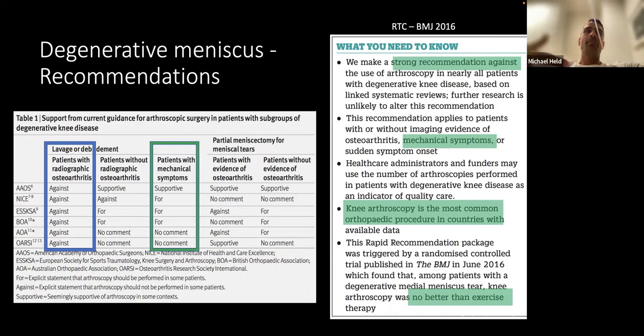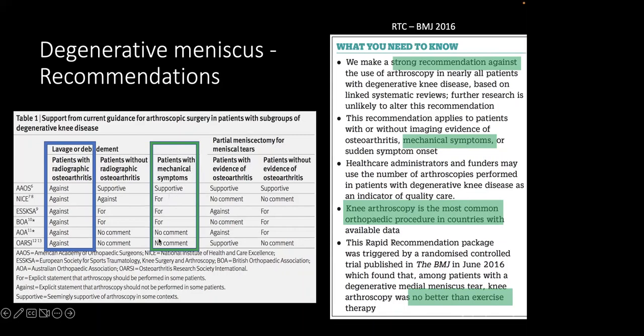And then the orthopedic surgeons of the various orthopedic associations came together to give recommendations. And you can see here that most of these societies recommend debridement for patients with mechanical symptoms.